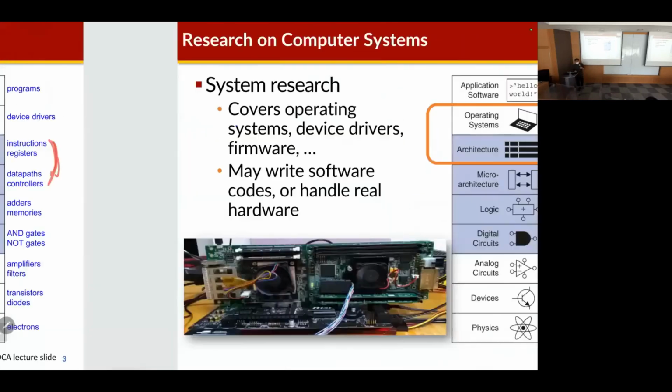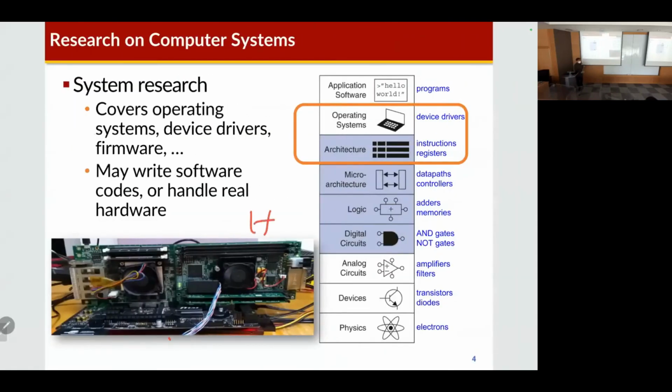We can work with real hardware actually, like this device. This device is an actual device I used in my research. If you see this device, it's not clear enough on this screen, but you can find this is actually the processor.